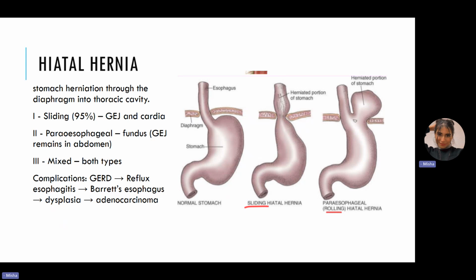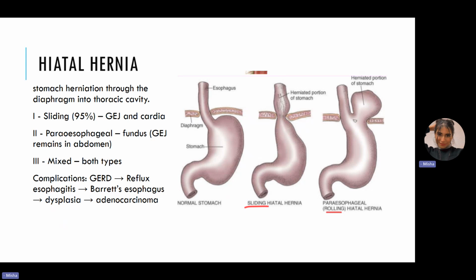Now hiatal herniation can be sliding herniation in which the proximal stomach herniates through the diaphragm, and this can actually cause GERD, it can cause ulcers, it can lead to hematemesis, or we can have rolling hernia in which part of the stomach actually bulges into the thoracic cavity with the gastroesophageal junction at the same position. Now, if it is congenital, it may cause lung hypoplasia, obviously, because it's moving into the thorax. So it's very logical that the lungs would basically be hypoplastic in these particular children.